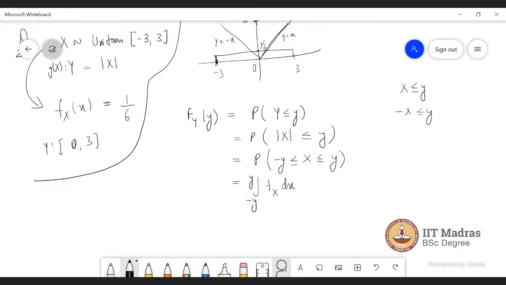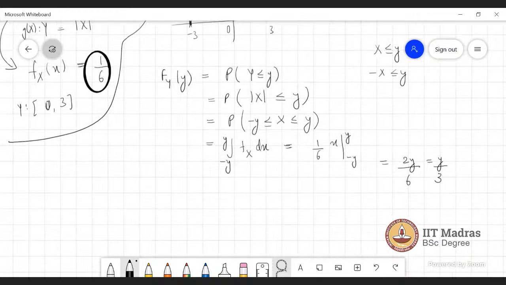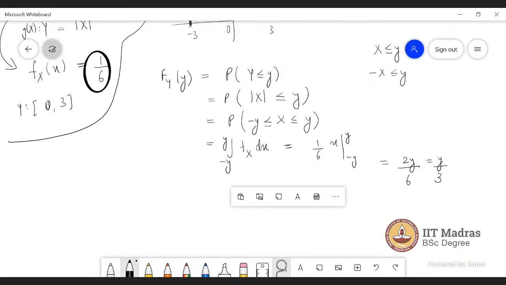So what is f x? f x is 1 by 6. So it is going to be 1 by 6 x, where x is varying from -y to y. So this is 2y by 6, that is y by 3, right? So this is the CDF that you will get.